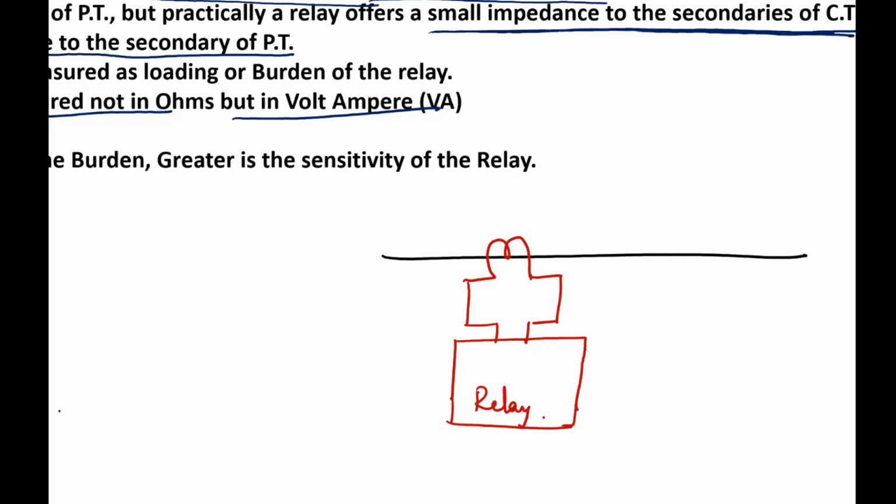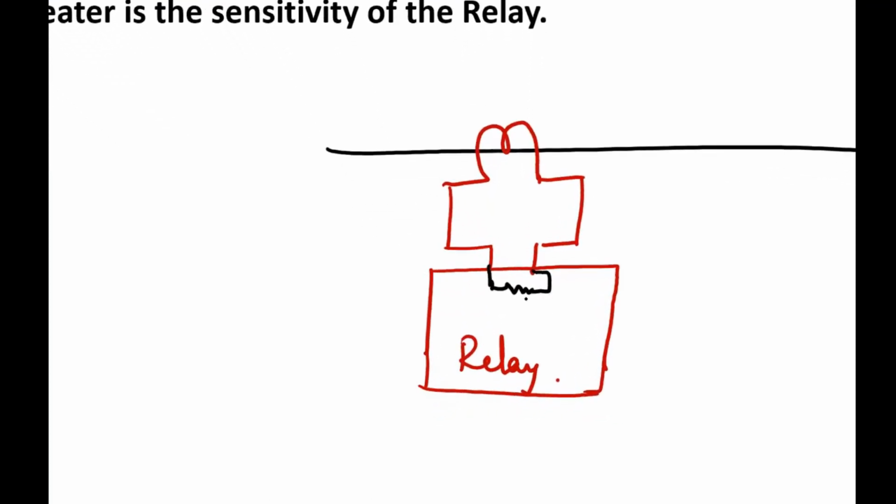Okay. So a relay should ideally offer zero impedance, but that is not possible. Let us assume it is offering some very small impedance, say 2 ohm. Now let us assume it is a 100/1 ampere CT, and the line is carrying 100 ampere current.